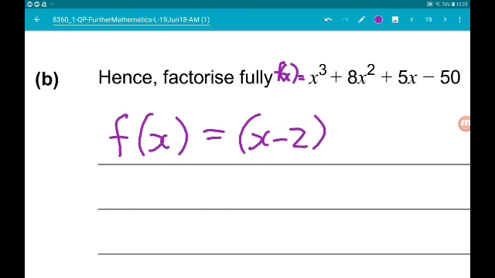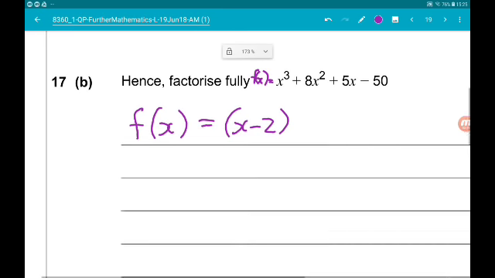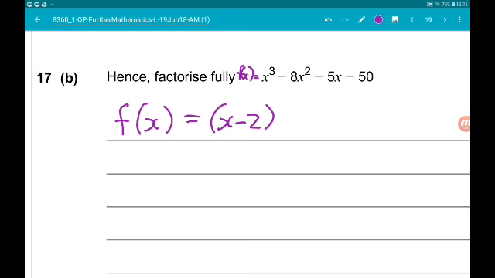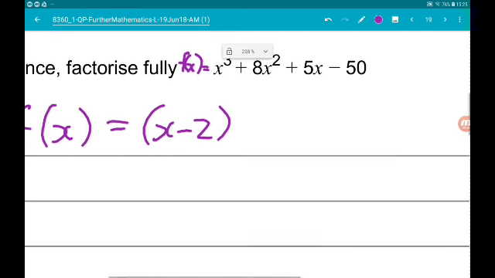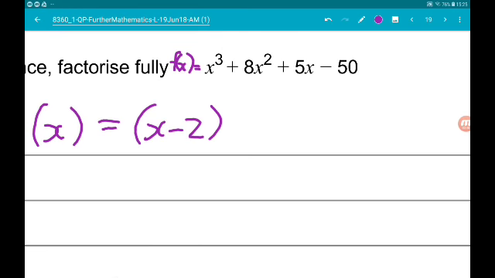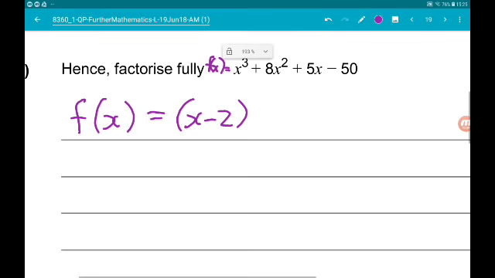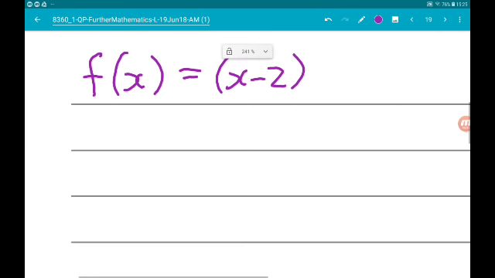So let's just try playing around with the factor theorem. Now we know that the numbers going inside of the brackets need to multiply together to minus 50. So let's try 5. Let's see what happens with that.